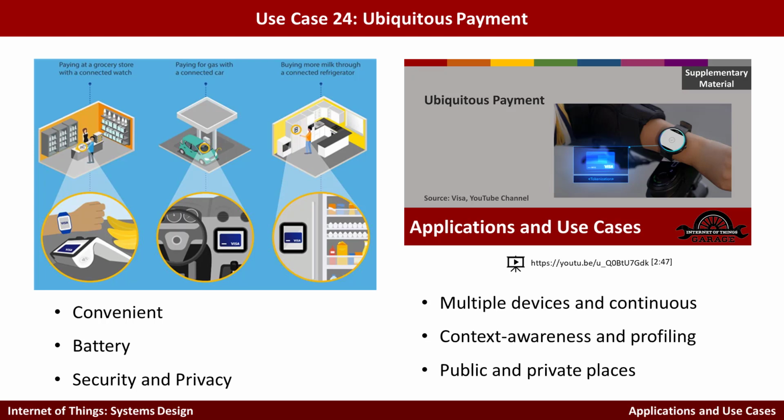It will automatically detect who you are and deduct from your bank account based on what you picked. Smart cameras and AI technologies have been put together to identify what you have bought in the grocery store. Similarly, there could be many up and coming technologies in this area. I would now like to invite you to watch the video attached to this use case to understand the domain better.